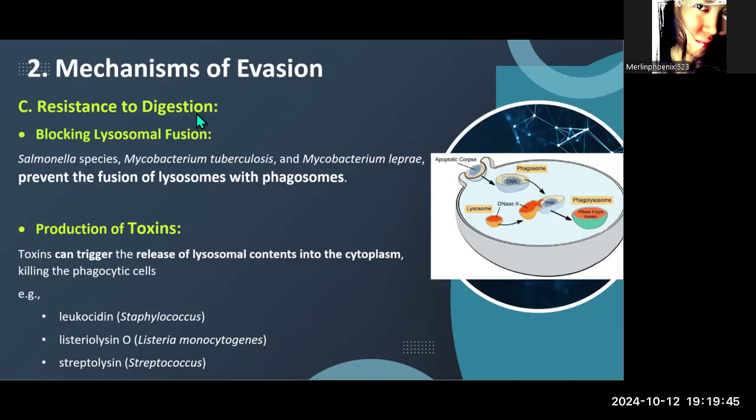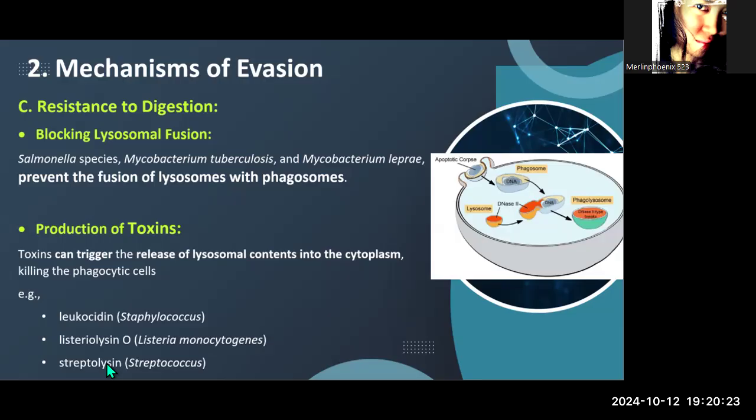Also, there is resistance to digestion. Blocking lysosomal fusion, like Salmonella, Mycobacterium tuberculosis, and leprae, prevents lysosomes from fusing with the phagosomes. Another one is the production of toxins, like leukocidin from Staphylococcus, Listeriolysin O from Listeria monocytogenes, and streptolysin from Streptococcus.